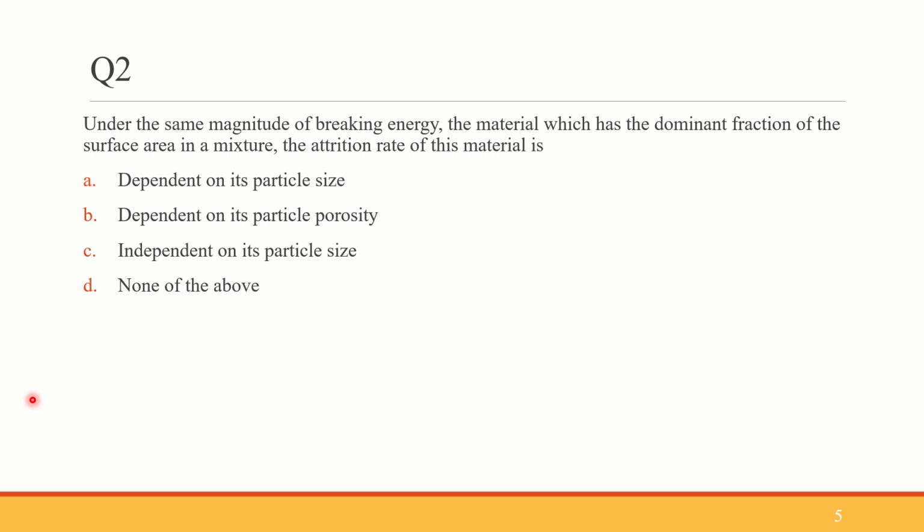Since it already has the dominant fraction of the surface area, it does not further depend on its particle size. So independent of its particle size is the right answer. Option C is the right answer. Let us go to question 3.